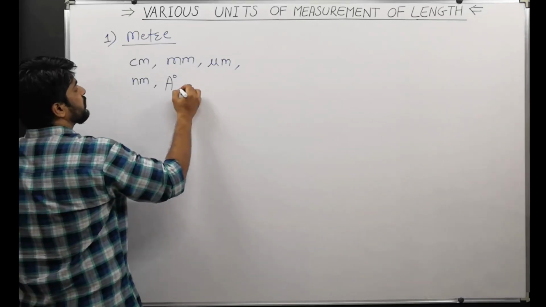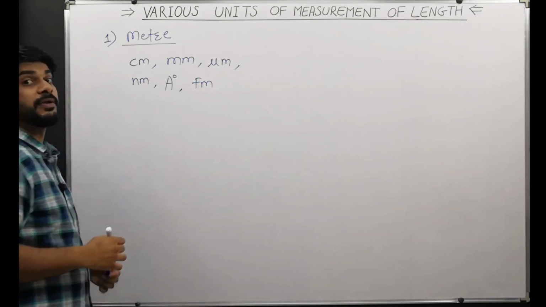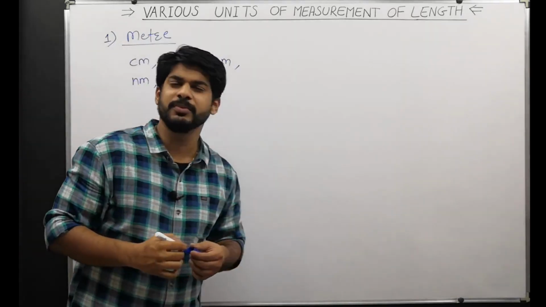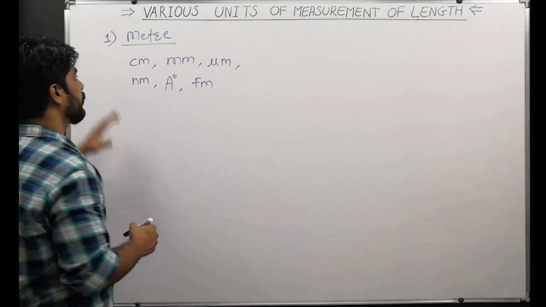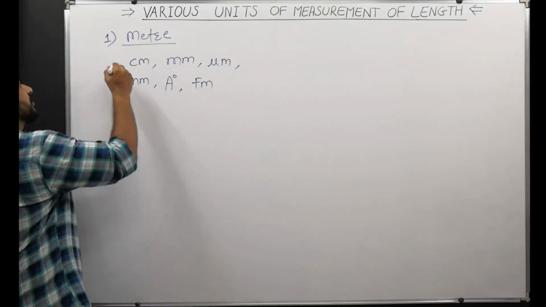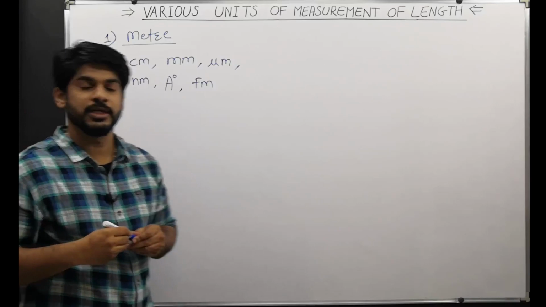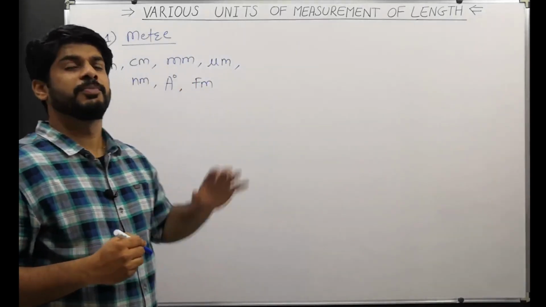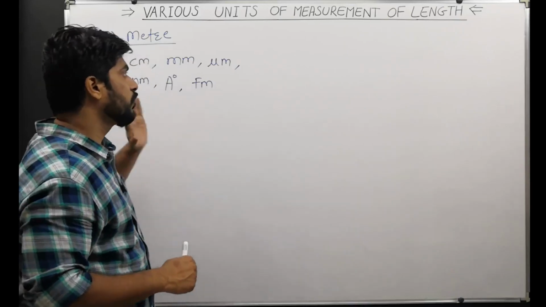We have femtometer, 10 raised to minus 15, and many others, but I'm just talking about a few of the important ones. If I talk about the bigger one, there is kilometer, which we generally use. So these are some prefixes for meter. We are not going to talk much about this.